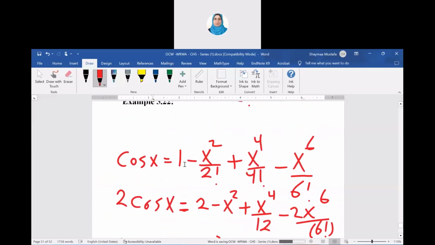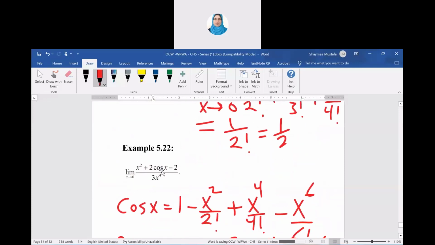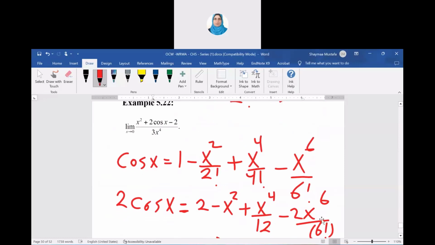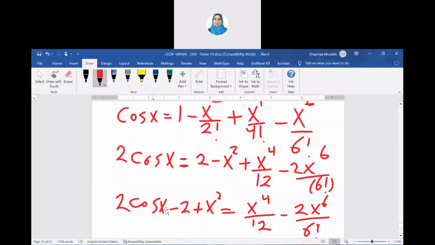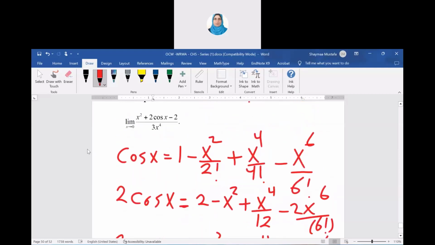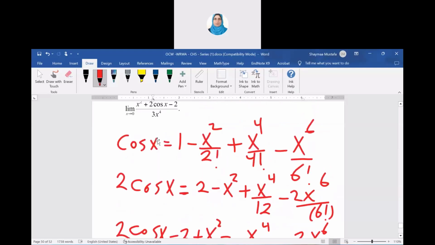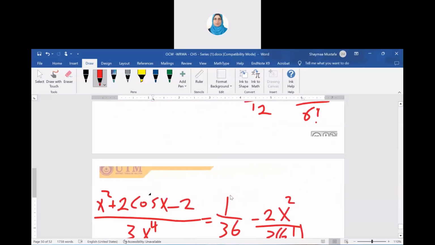So here, similar steps. I started from the Maclaurin series of cos x. I need 2 cos x minus 2 plus x squared, so I multiplied by 2 first. Then to get minus 2 plus x squared, just move it from the left side to the right side. So you have 2 cos x minus 2 plus x squared equal to the remaining terms. Now divide both sides by 3x to the power 4.